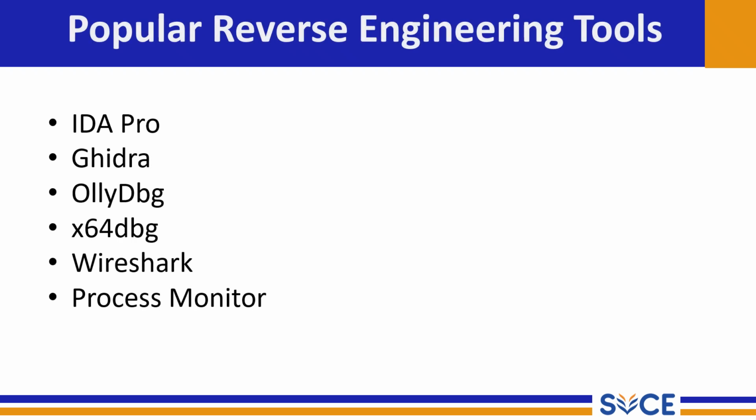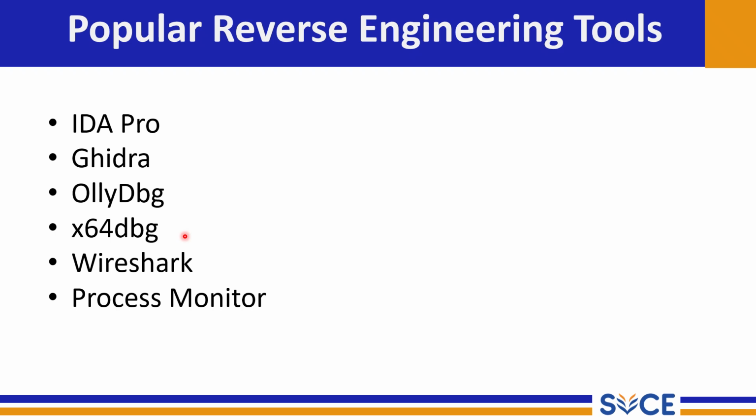And next one, these are the popular reverse engineering tools: IDA Pro, Ghidra, OllyDbg, x64dbg, Wireshark, and Process Monitor. So IDA Pro is a powerful disassembler and debugger that supports a wide range of architectures and file formats.